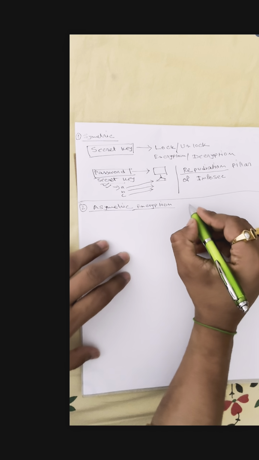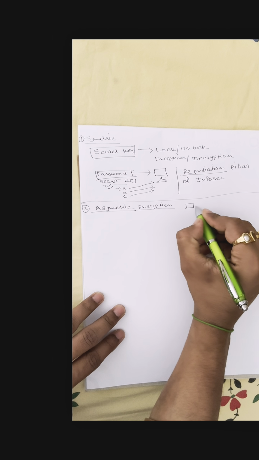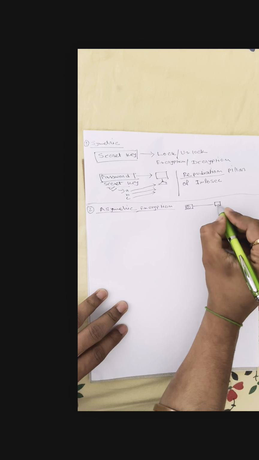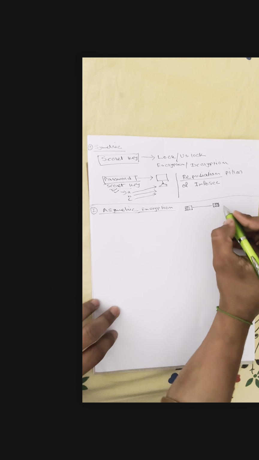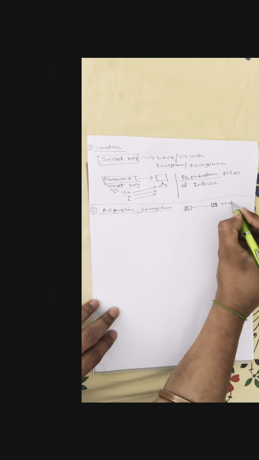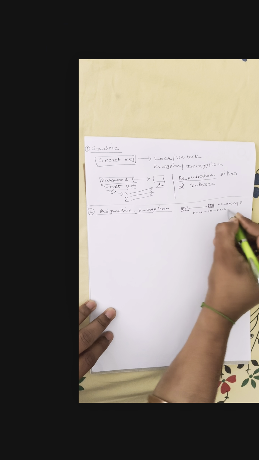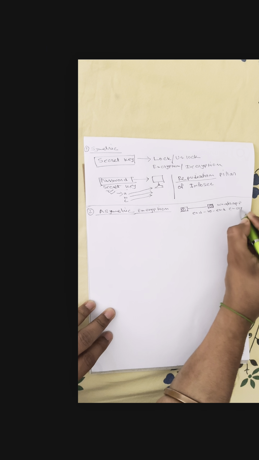So where do we use this asymmetric encryption? Anytime we are transmitting data from one point to another point, we are using asymmetric encryption. Imagine WhatsApp. In WhatsApp, what do we have? End-to-end encryption, right?